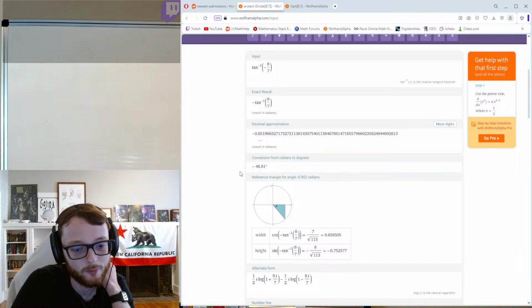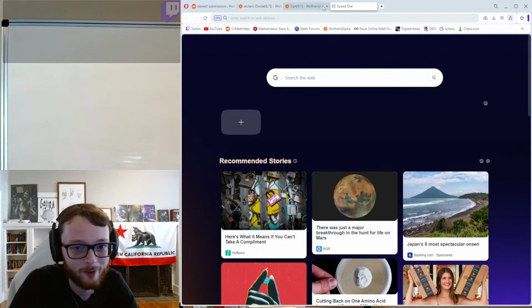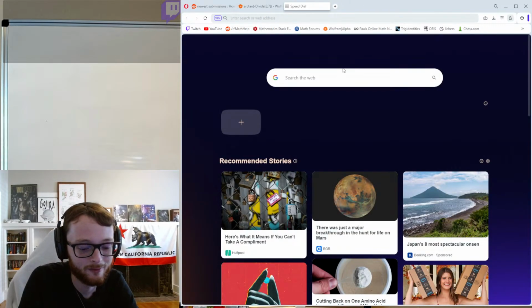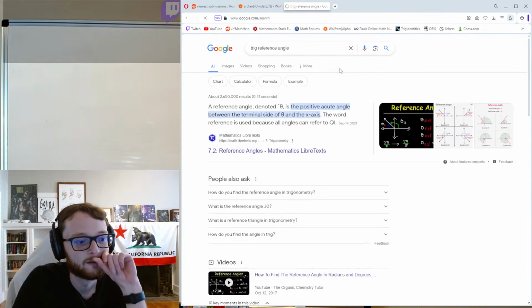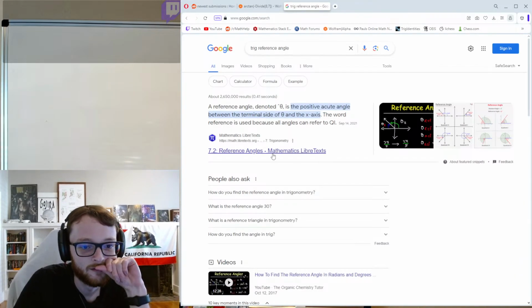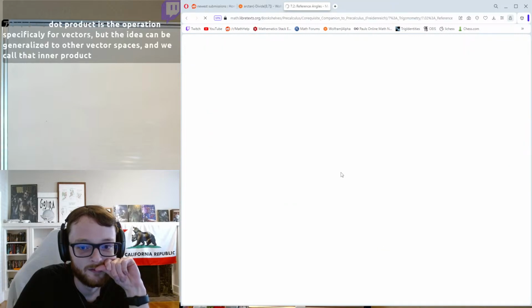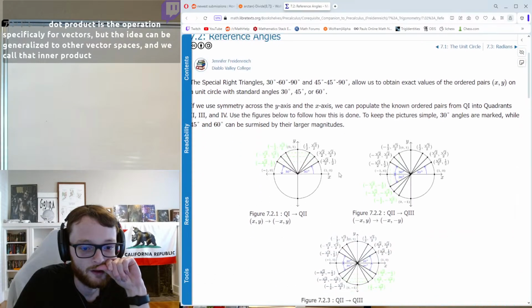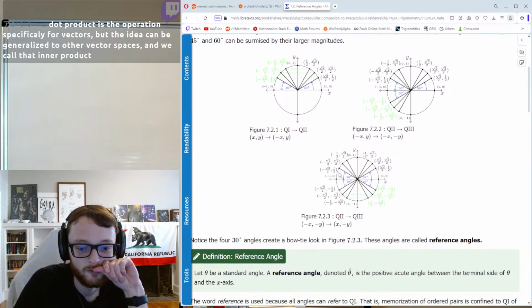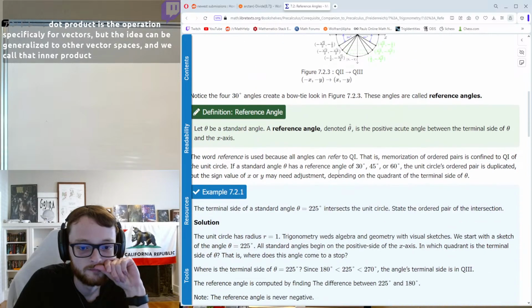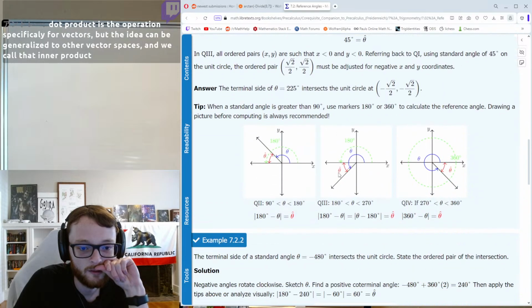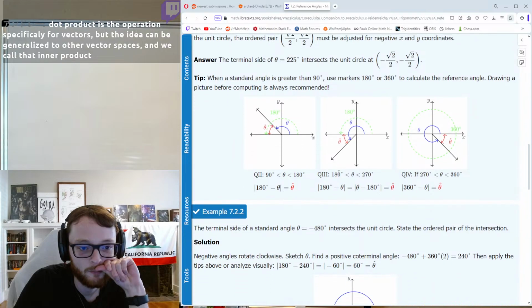No. I want to make sure I'm being careful here, because I sometimes get mixed up with reference angle and how you translate it to the angle that you actually want. Because you might think of adding pi to it.